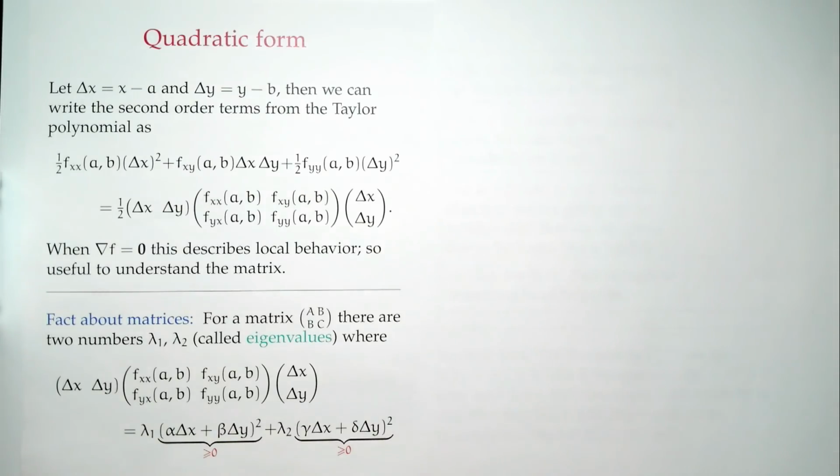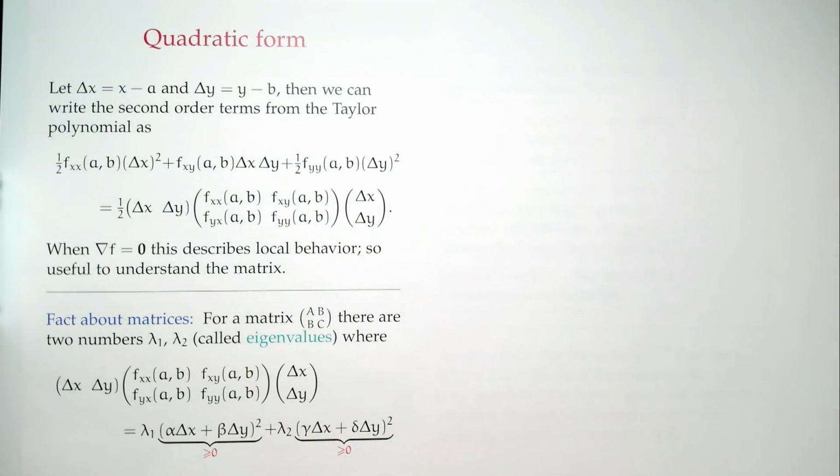And it turns out that this crazy looking expression can be rewritten as lambda 1 times some combination of change in x, change in y, quantity squared, and lambda 2 times some combination of change in x, change in y, quantity squared. Now, where these things come from, this alpha, beta, this gamma, delta, they have a name. They're called eigenvectors. Again, you don't need to worry about that.